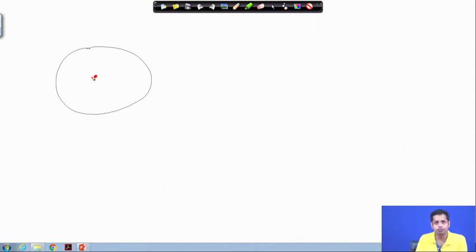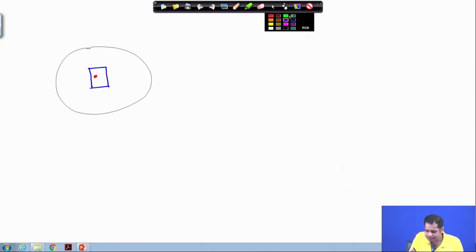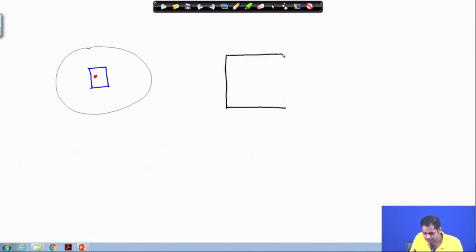Around this point we can have a small infinitesimal area like this, and this area is the representation of this point. Now, there are different components of stress. Stress at this point we can show graphically or schematically through this diagram.